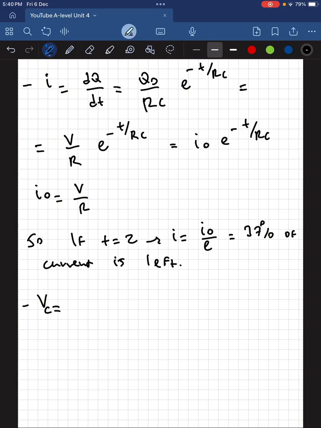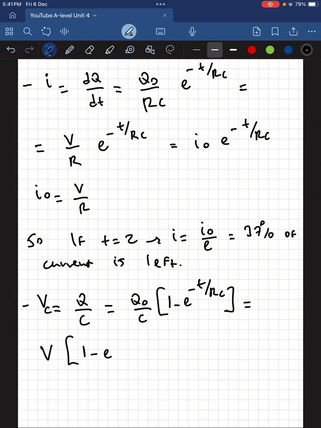Voltage is simply the voltage across the capacitor. Voltage is simply Q over C, so it's Q naught over C times 1 minus e to the minus t over RC. So Q naught is CV, so C over C cancels, so we get VC is V times 1 minus e to the minus t over RC.